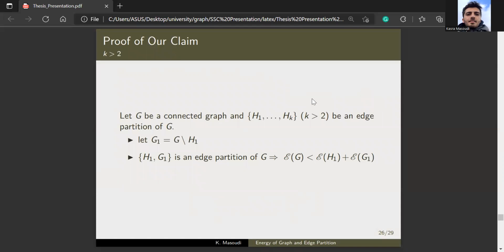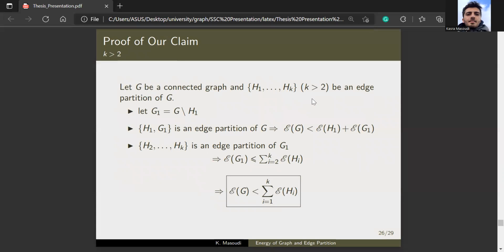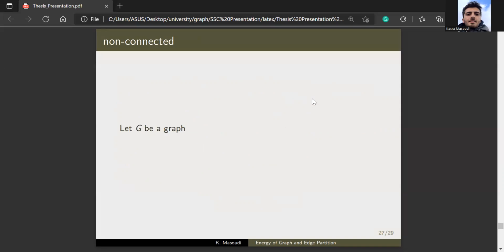So energy of G is less than energy of H1 plus energy of G1. And also H2 to Hk is an H partition of G1. So energy of G1 is less than the summation of energy of H2 to Hk. And now it is easy to see that energy of G is strictly less than the summation of energy of Hi.